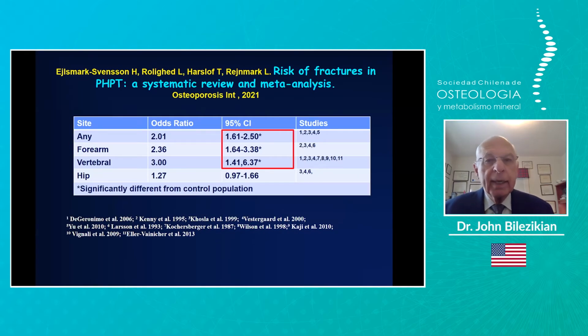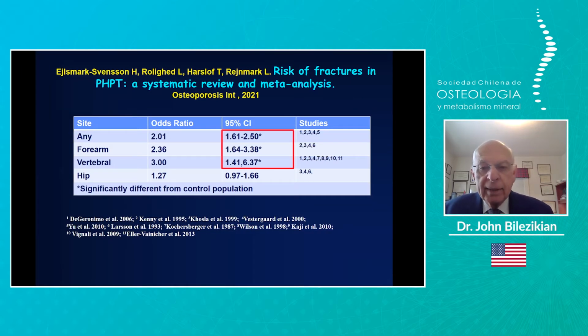And very recently, Lars Rejnmark from Denmark has published a systematic review of fractures in primary hyperparathyroidism. And I've highlighted the results of that study showing that the relative risk is increased for any fracture, for forearm fractures, as well as for vertebral fractures in patients with primary hyperparathyroidism.